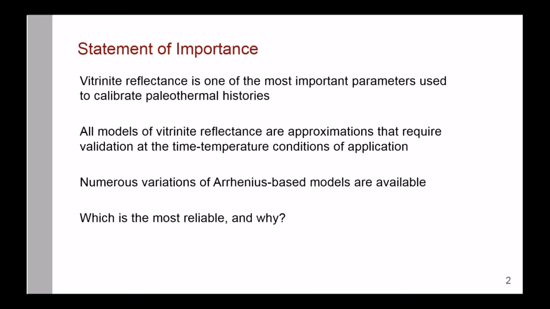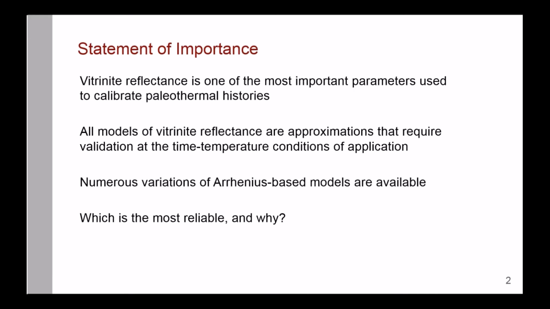And I have to state at the outset that all models of Vitrinite reflectance, or for that matter of organic maturation in general, are approximations, and you need to validate them at the time-temperature conditions of application. It'd be nice if we knew these things precisely, but the fact is that we always have to calibrate them due to the approximations that are made.